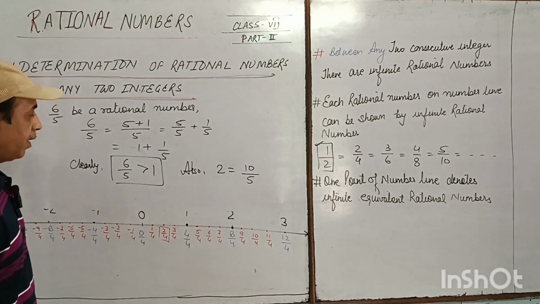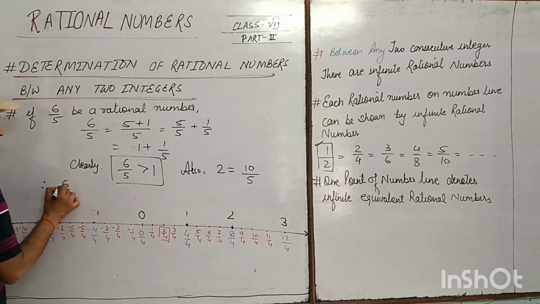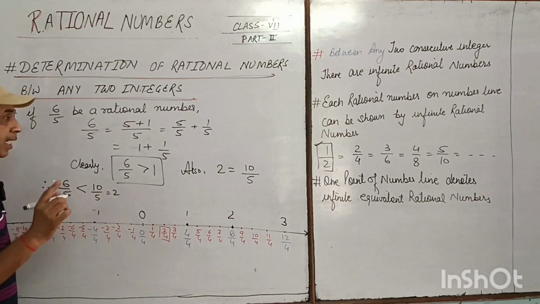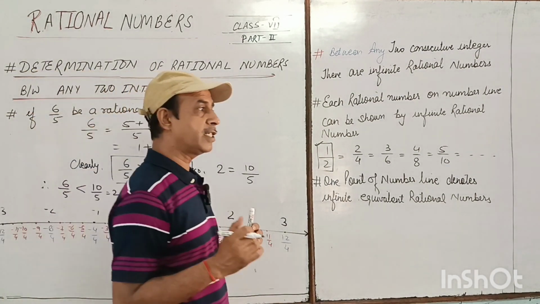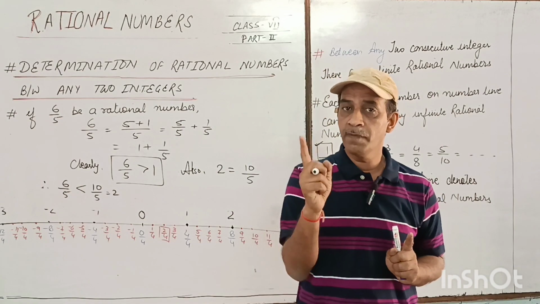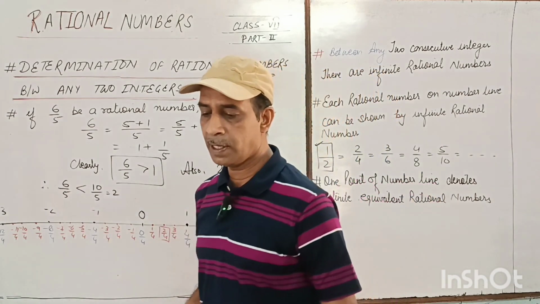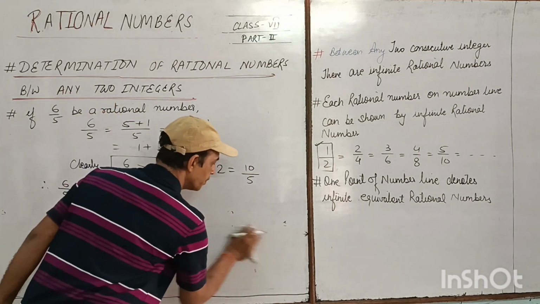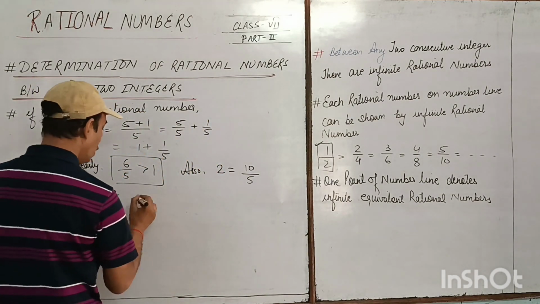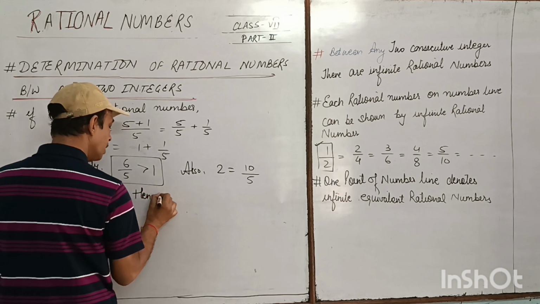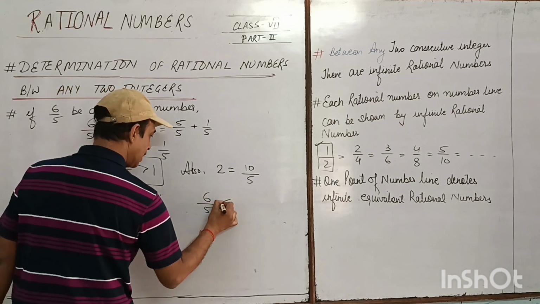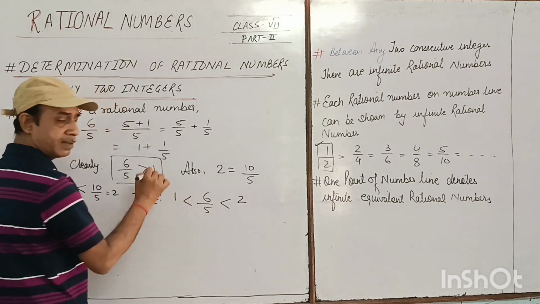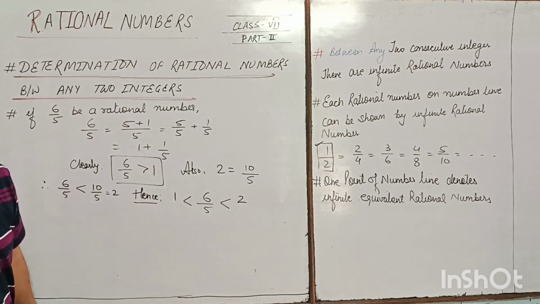So 6 upon 5 is less than 10 upon 5, that means 6 upon 5 is a rational number lying between 1 and 2. So hence 6 upon 5 is less than 2, that is 10 upon 5, and it is greater than 1.